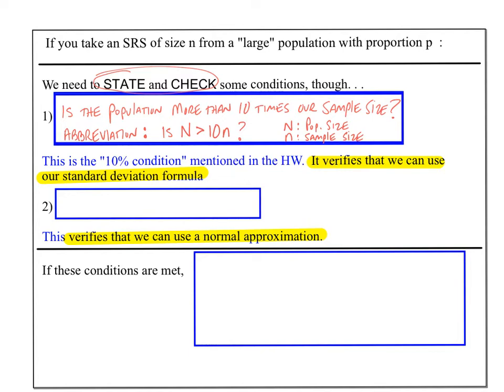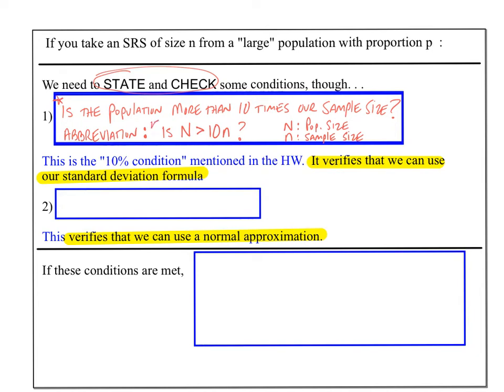Capital N is very different from little n. So our population size could be the whole United States, and our sample size could be 500 people. So this is stating our first condition. You can state it using words: is the population more than 10 times our sample size?